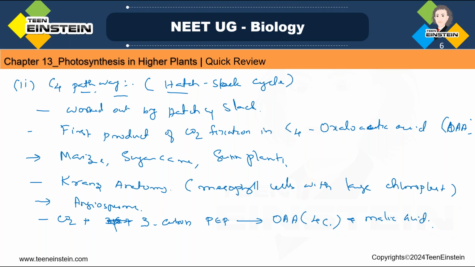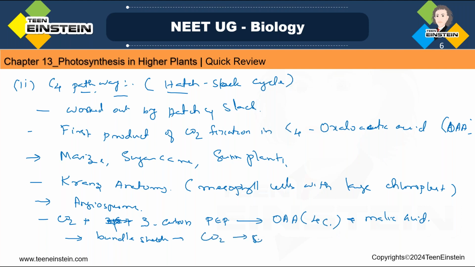This is then transported to the bundle sheath cell, where the carbon dioxide is released to go into the Calvin cycle.